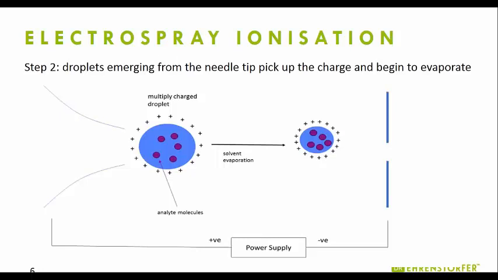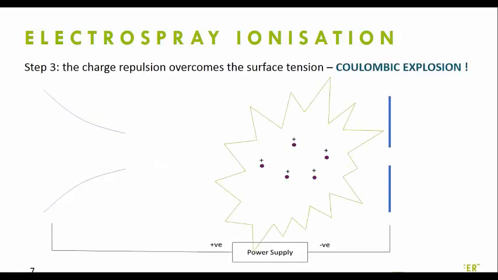It's a delicate balance between the surface tension holding the droplet together and the positive charges repelling each other, until it gets down to a certain size, and then boom. Well, I like to think of it as a boom anyway. It's not really a boom. But the charge repulsion wins out over the surface tension, and the droplet explodes and releases individual analyte ions to pass through into the mass detector.